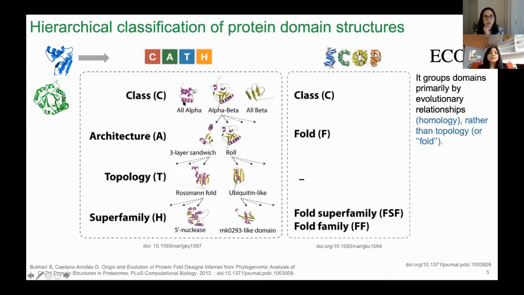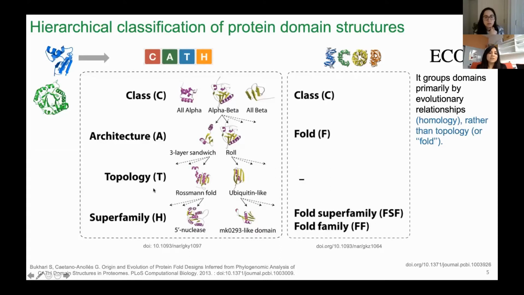As you can see here, you have all-alpha domains, but you can also have all-beta or a mix of both secondary structures. The next level is the architecture, and it's about the three-dimensional arrangement of each of these secondary structure elements in space.